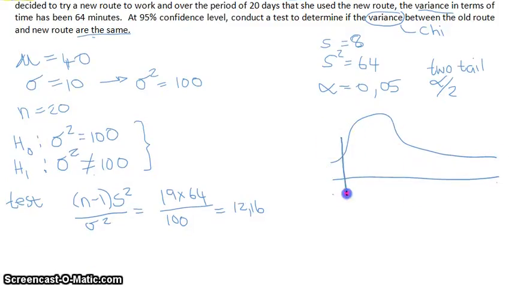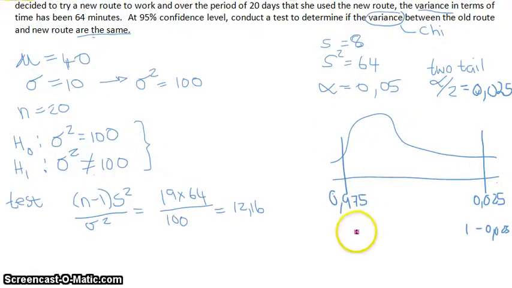What this means is that we will have two critical values, but they won't be the same. To work out those critical values, alpha divided by 2 is 0.025, and that would be my lower end. To work out the upper end, I would say 1 subtract 0.025, so my upper end would be 0.975. To get these values, I have to read off the chi table.